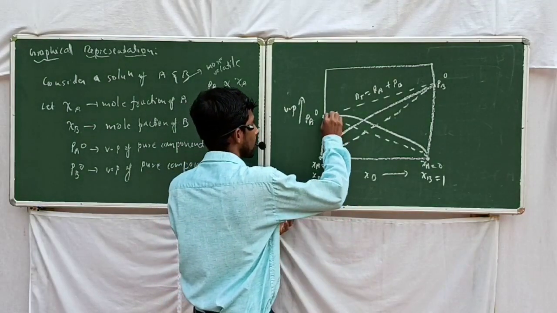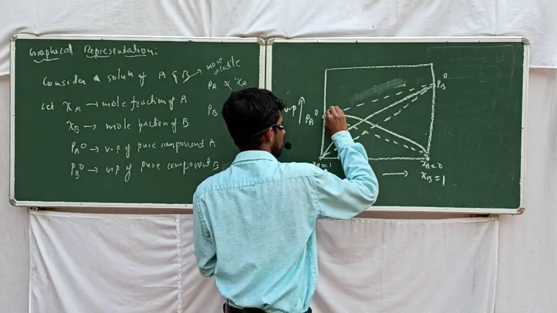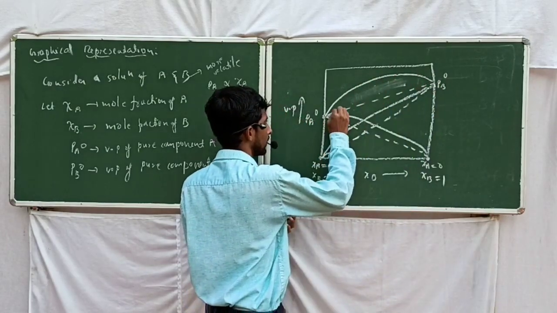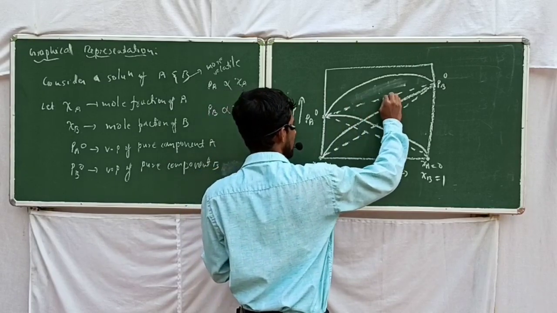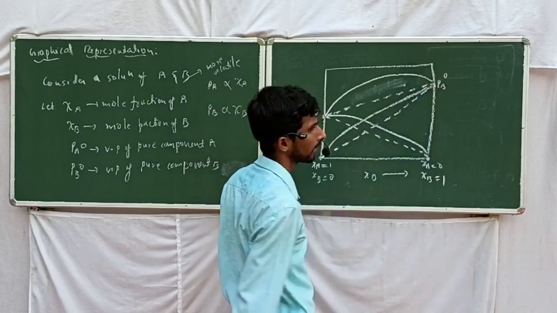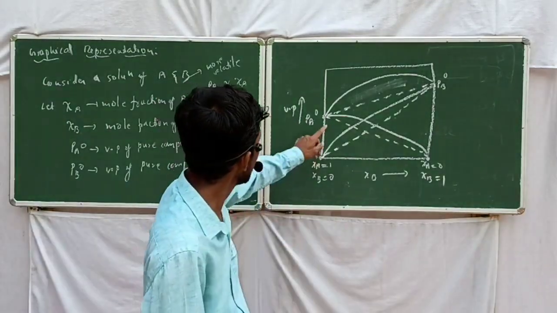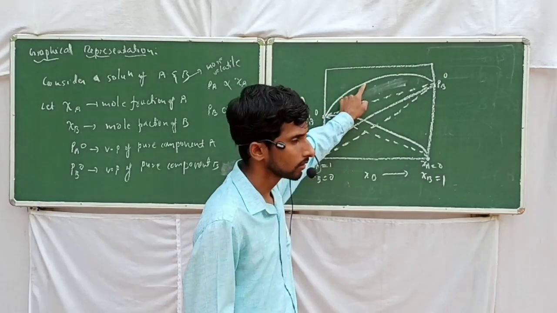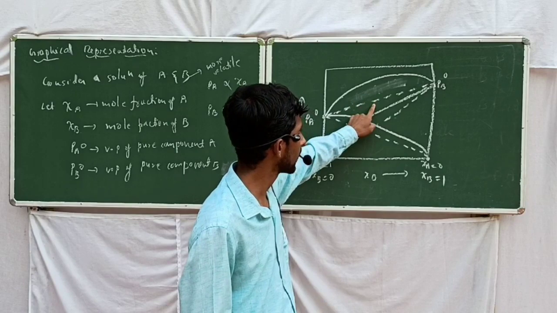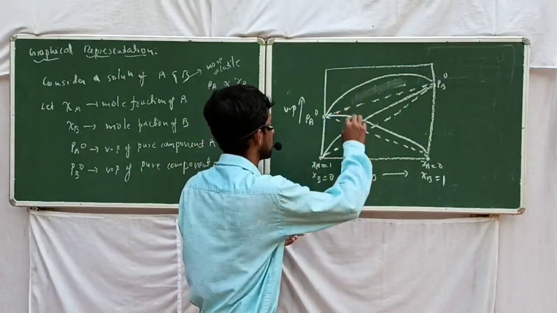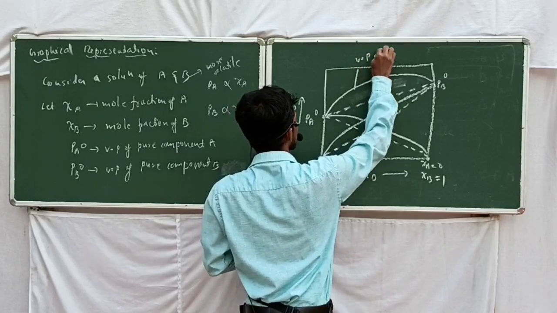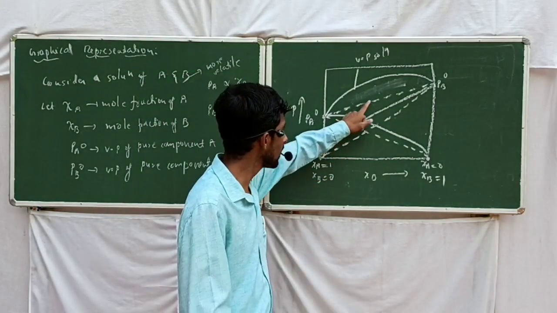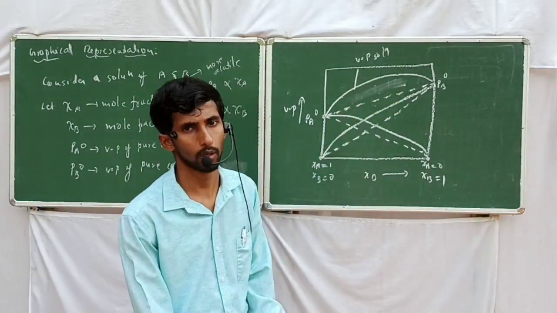Then the total vapor pressure of the solution, P total, is also like this. This dotted line joining PA naught and PB naught indicates the vapor pressure of the solution calculated using Raoult's law. The experimentally observed values are this one. You can observe the vapor pressure of the solution is higher than that calculated from Raoult's law.